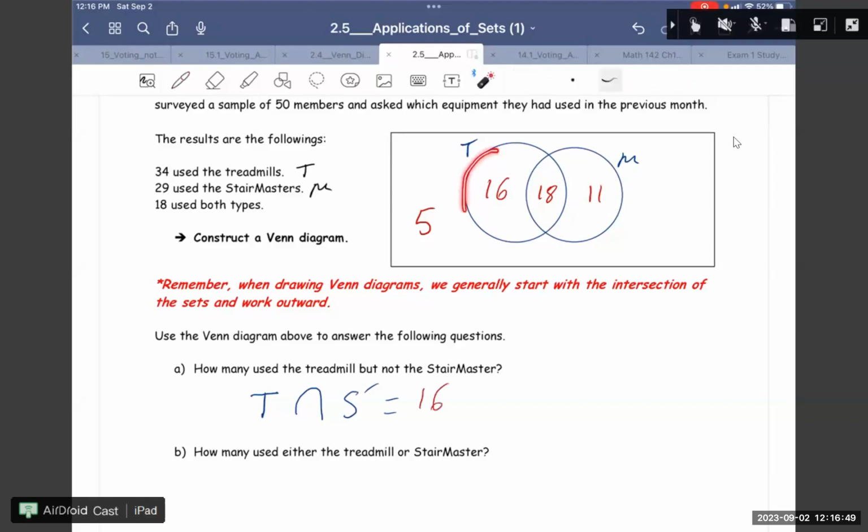They use this, and they use this, but the complement of M. Focus on this region, so this means it's 16 people.